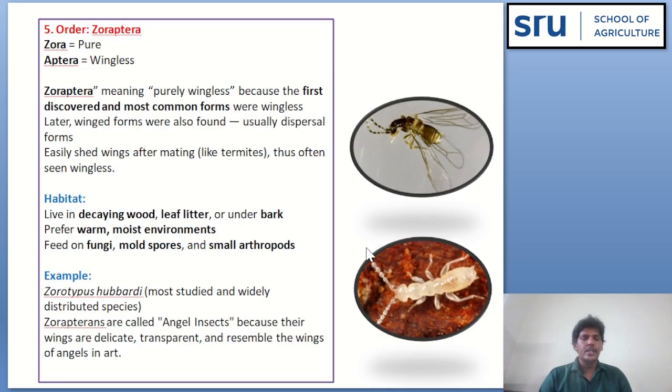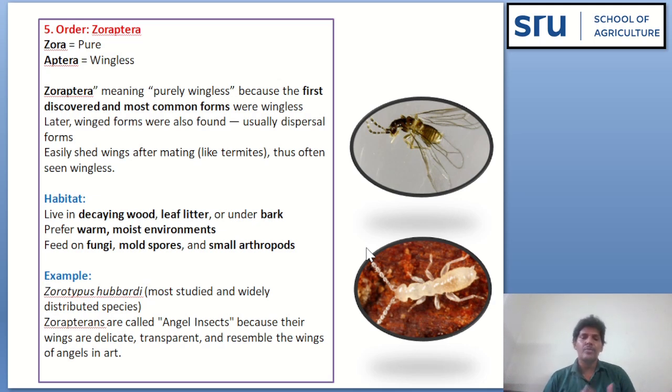Next order is the Zoraptera, purely wingless insects. Zoraptera means purely wingless insect because the first discovered and most common forms were wingless.